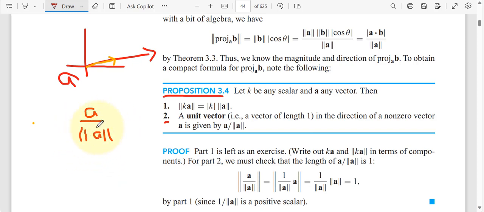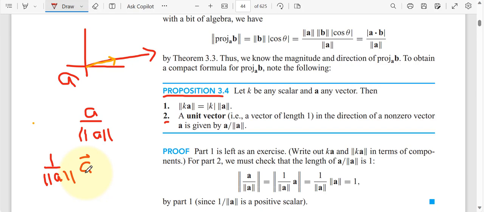We're taking A and multiplying it by 1 over that, and that's going to scale it to the right length.